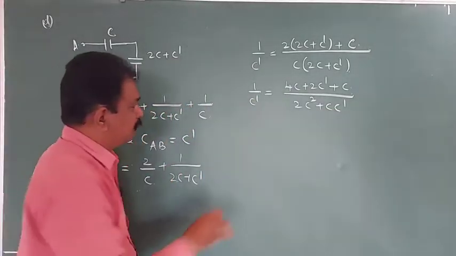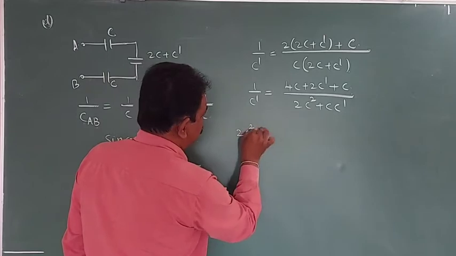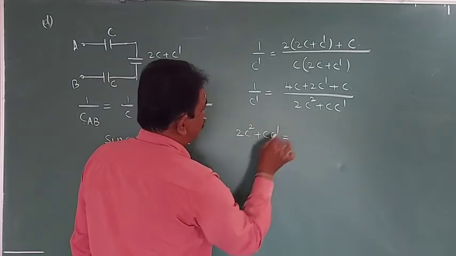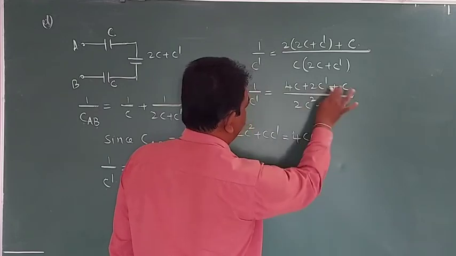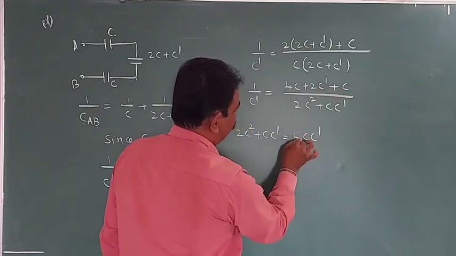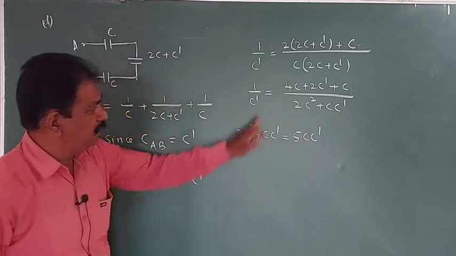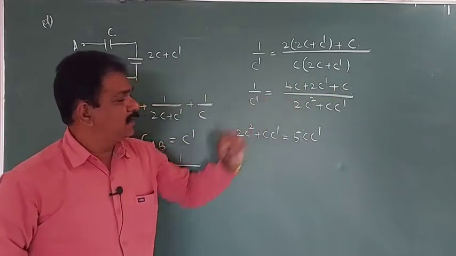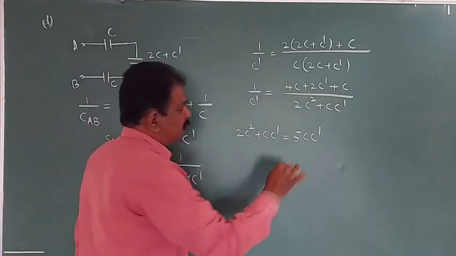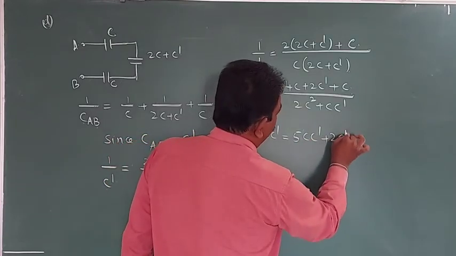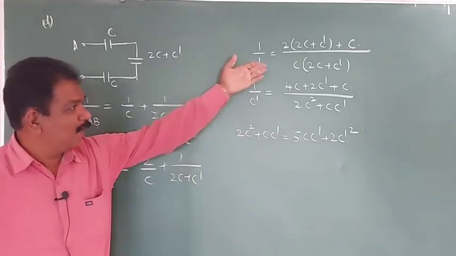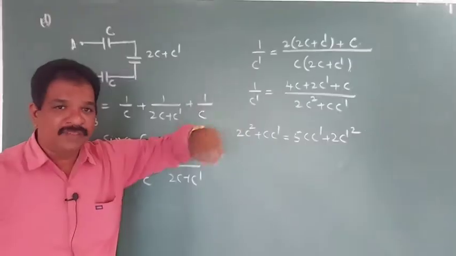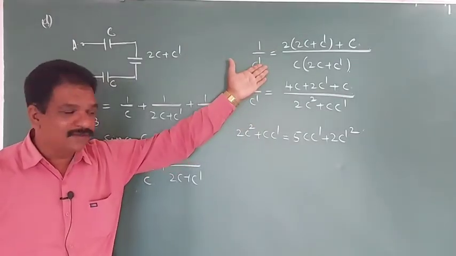Take LCM. 2C square plus C dash is equal to 4C dash, means this will be 4C plus C, means 5C. So 5C C dash plus 2C dash square. Understanding? Just calculation only, mathematical steps only. This is not physics.